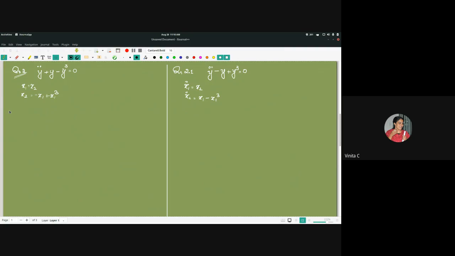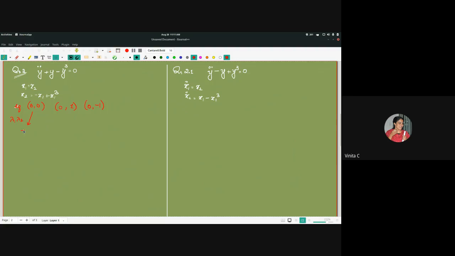For the first equation, y double dot plus y minus y cube, the equilibrium points are 0,0, 0,1 and 0,-1. At 0,0, I am writing the lambdas directly so that you can try and find out.